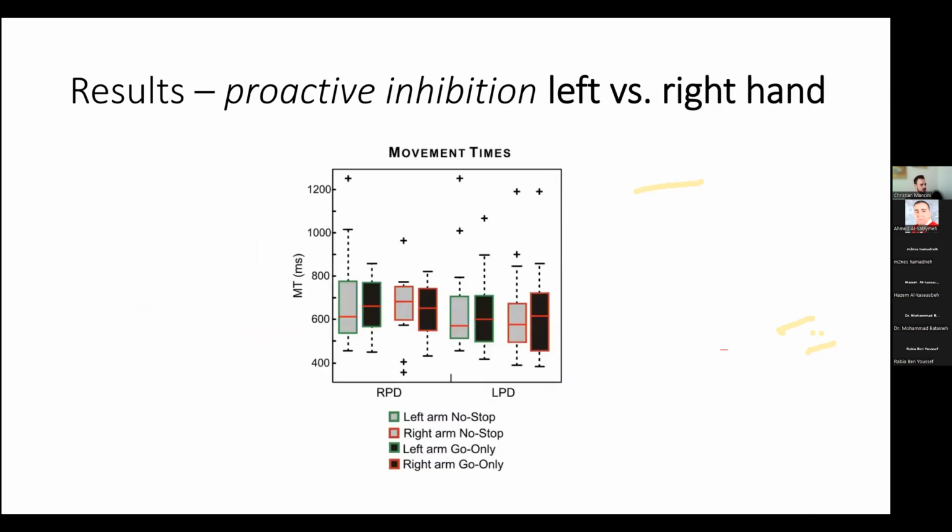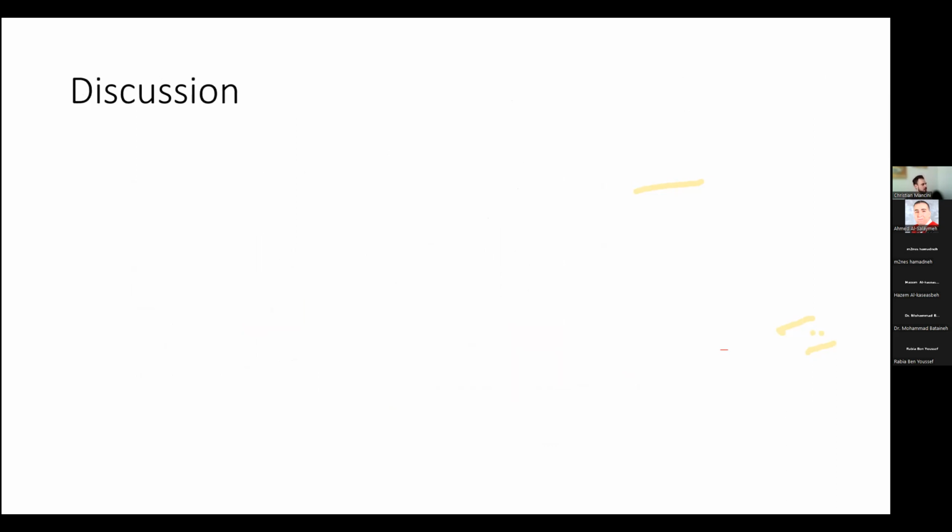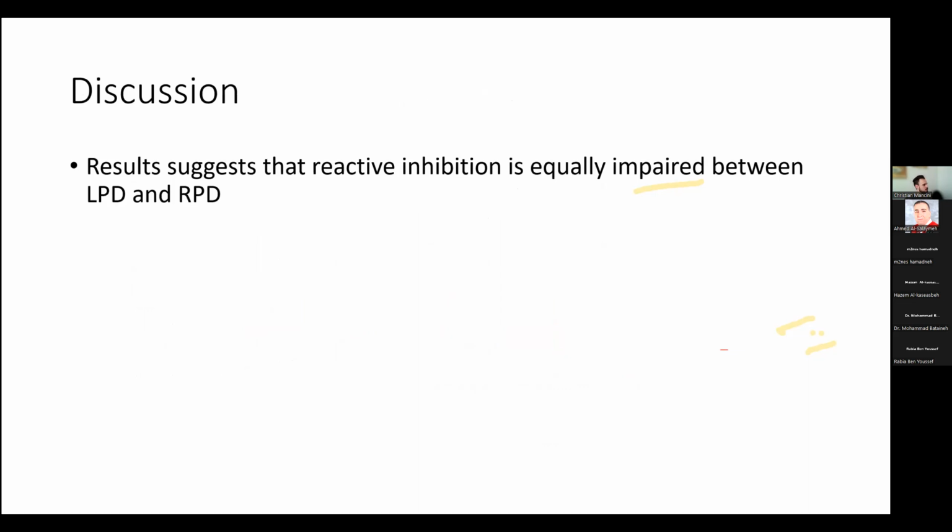Finally, we checked the effect of the right and the left hand, but there is no significant effect of hand.